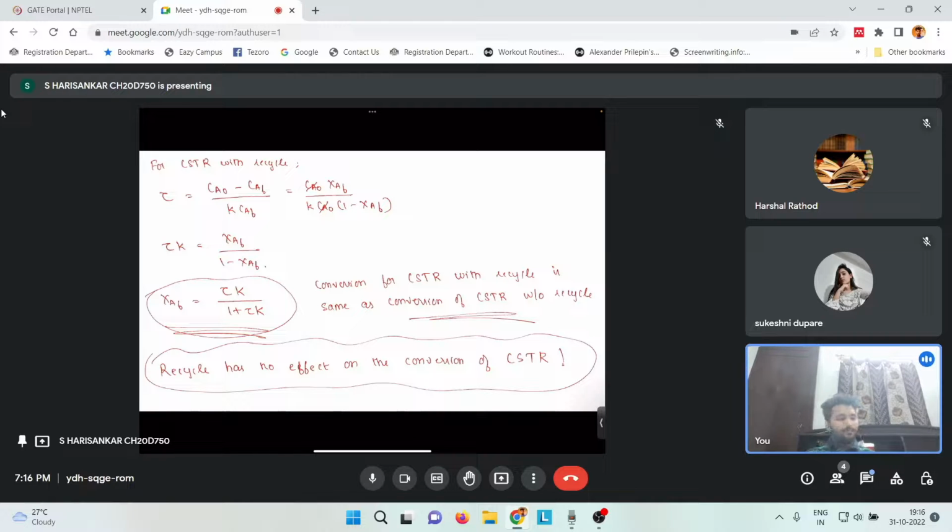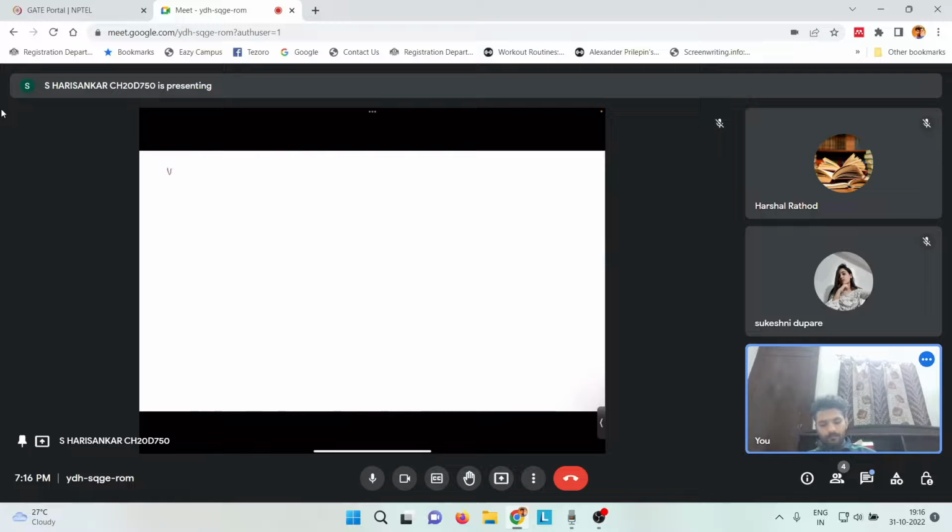So what this basically means is, whether R is equal to 0.5 or R is equal to 2, whether the recycle ratio is 0.5 or it is 2, the conversion remains unaffected.